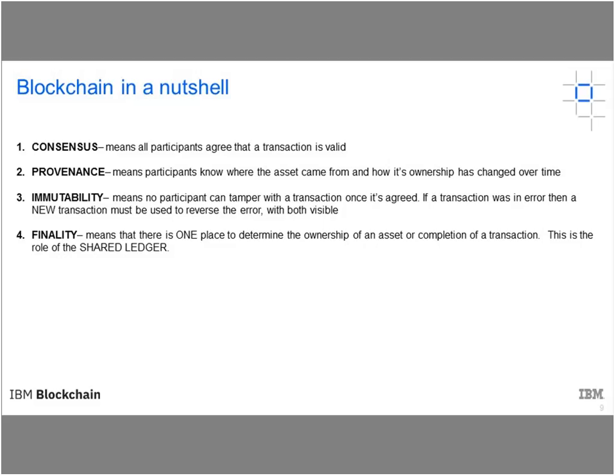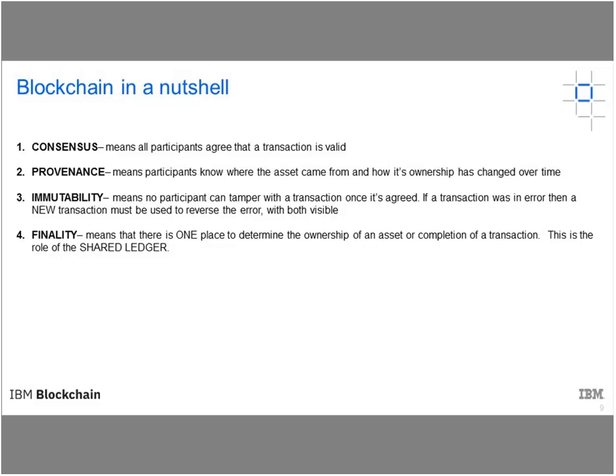Provenance means this is the proof. This is nothing but the proof of how the asset life cycle has been transferred, what transactions happened between one business party and another.